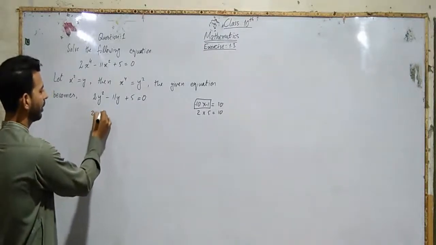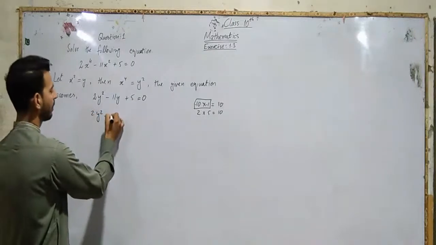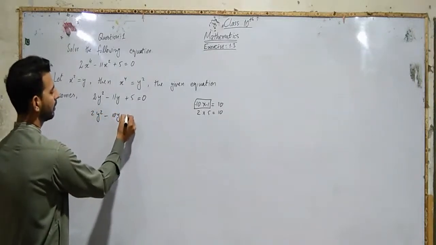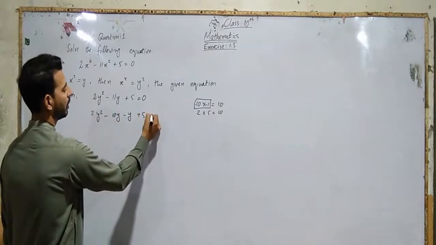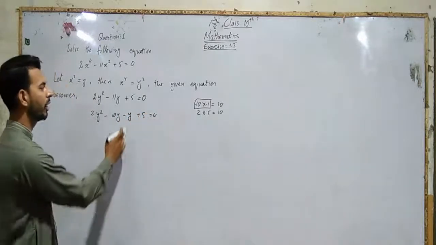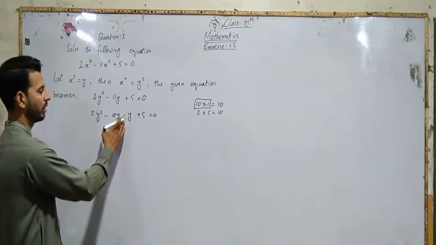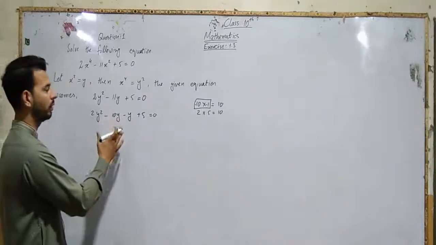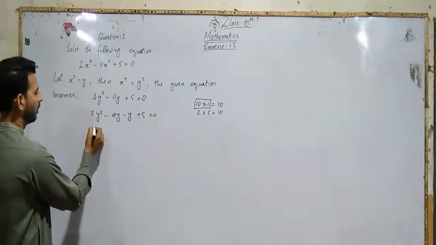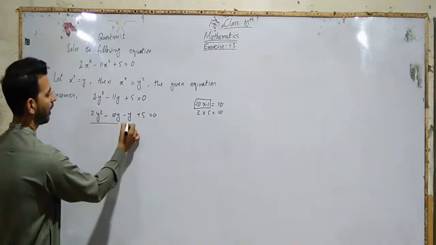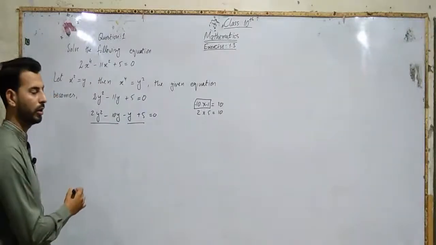So 2y square minus 10y minus y plus 5 equals 0. Students, we don't have to write 1 here because there is always a 1 when there is nothing. So now from these two and these two, we have to take the common.